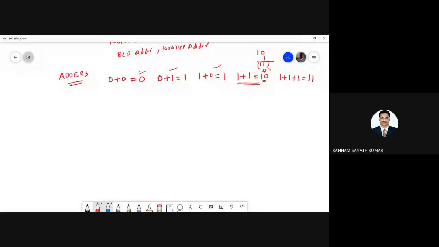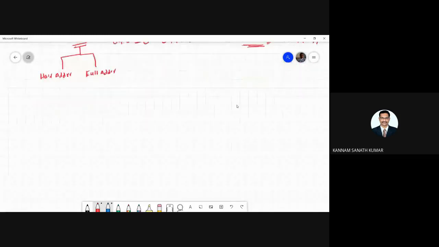In adders, again these are divided into half adder and full adder. We'll see half adder and full adder in detail. First of all, half adder. We'll see the truth table.